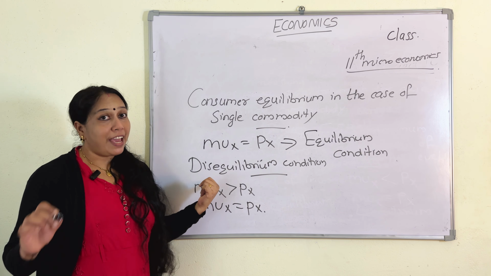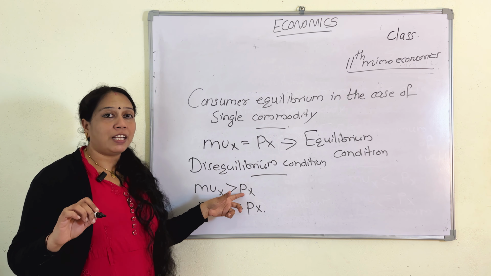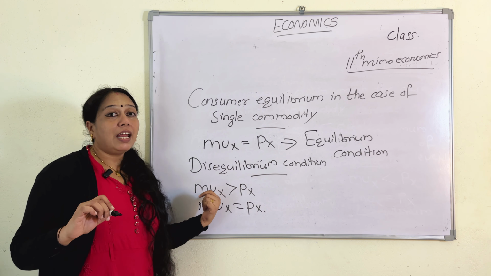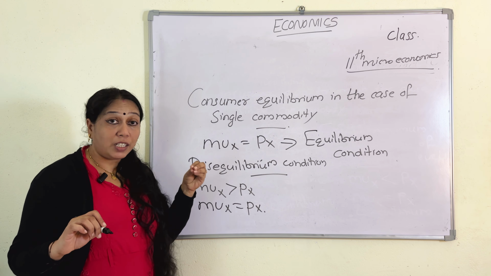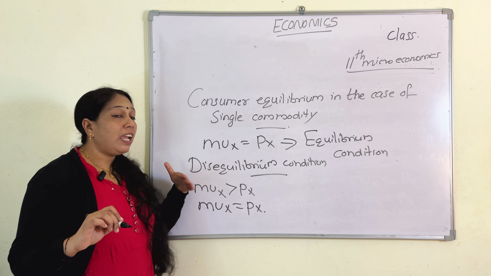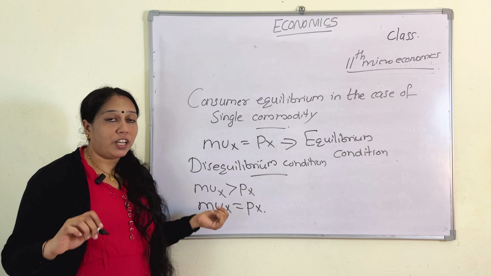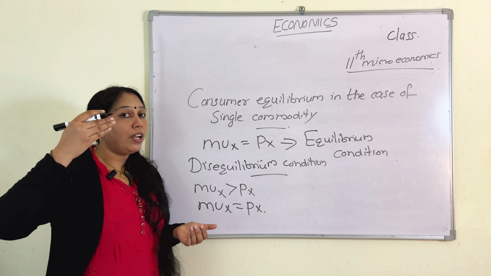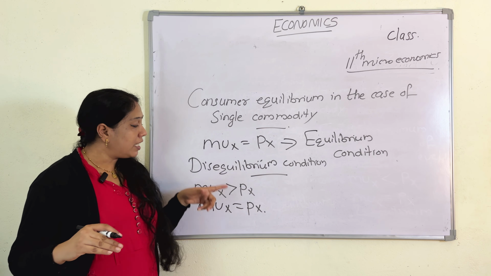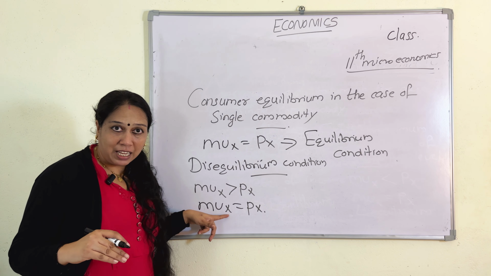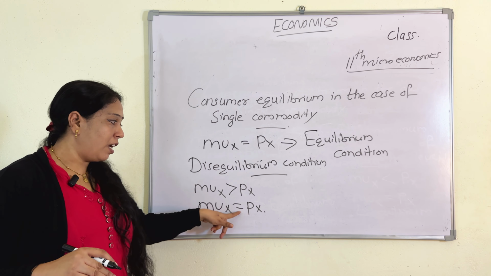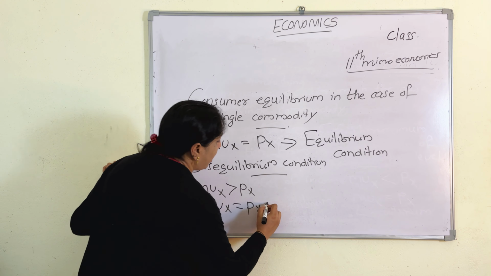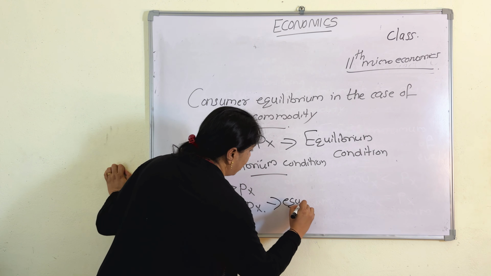The consumer will buy more of commodity X because his marginal utility is more. But as he keeps consuming, due to diminishing marginal utility his satisfaction goes on decreasing. Then he will reduce the consumption till MUx equal to Px. Like that he comes back to the equilibrium condition.